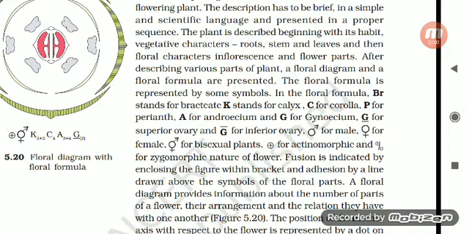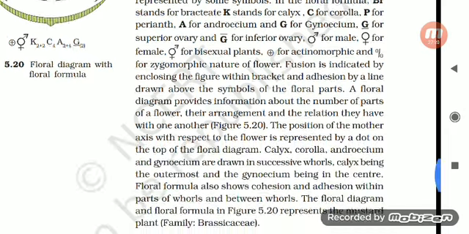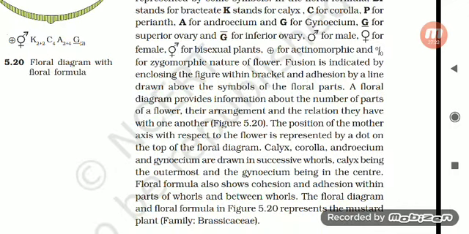Fusion is indicated by enclosing the figure within brackets and adhesion by a line drawn above the symbols of the floral parts. A floral diagram provides information about the number of parts of a flower, their arrangement and the relation they have with one another. The position of the mother axis with respect to the flower is represented by a dot on the top of a floral diagram.